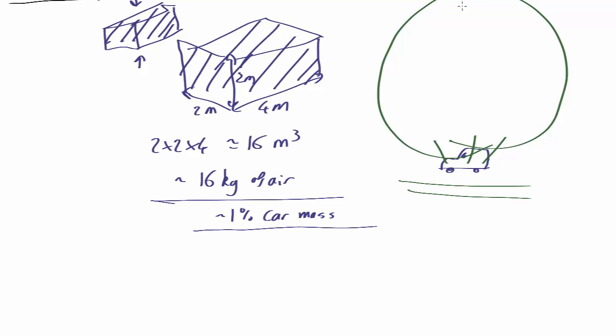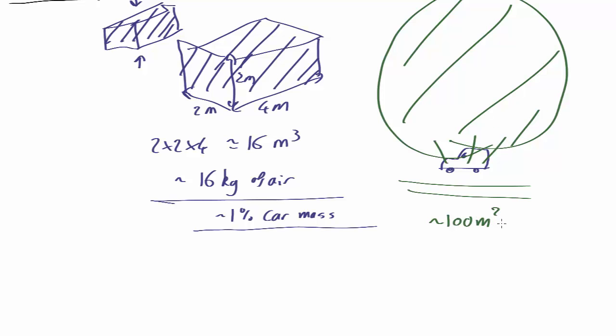One big problem is that this has a huge cross-sectional area. So if it's like 10 by 10 meters, that's about 100 meters squared cross-sectional area, compared to a car which might be like 2 by 2, which is 4 meters squared. So it's going to be about 25 times greater cross-sectional area. Now, if you remember, the drag force depends on the cross-sectional area.